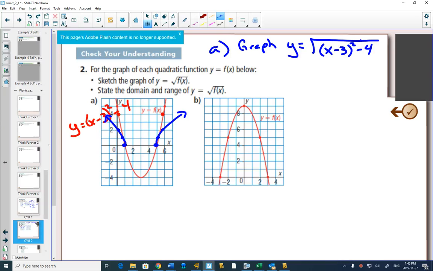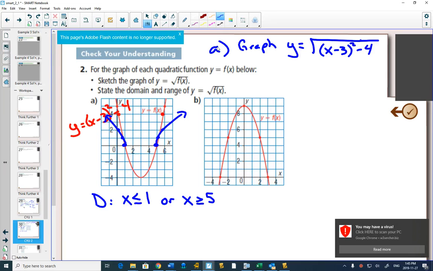So for this one, it says state the domain and range. Your domain is, and I'll write it in 2 different ways, x is less than or equal to 1, or x is bigger than or equal to 5. And you have to use the word or to show that it could be in one place or the other.